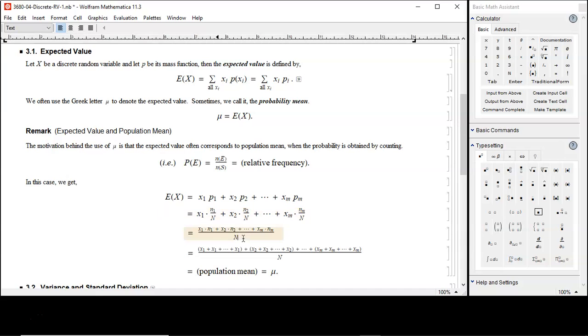Now, take the common denominator, and we have capital N, total number of balls, 10 balls, go downstairs, and then we have this x1 times n1, x2 times n2, and so on, and those can be separated like this, x1 plus x1 plus x1 like this.